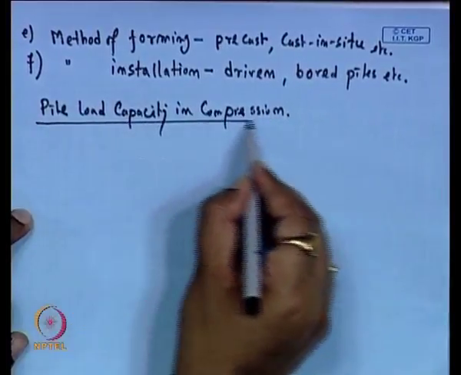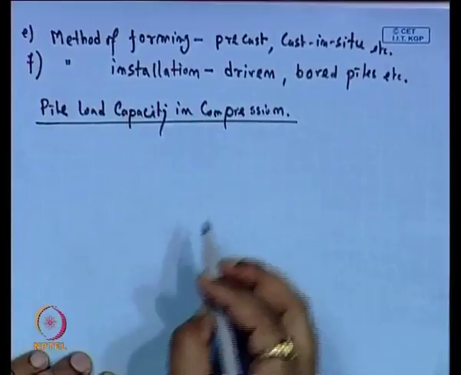There are different types of load carrying capacity: one is compression, one is tension, another is lateral load carrying capacity. First I will discuss the compressive piles against the compressive load, then later on I will discuss the other cases also.